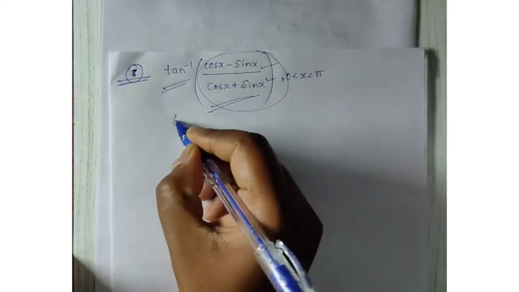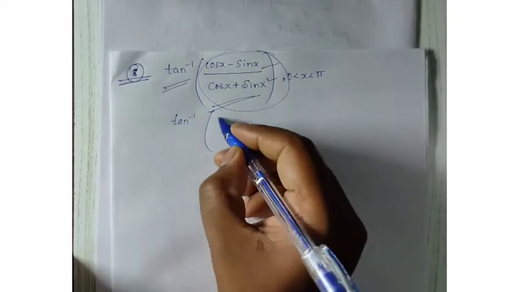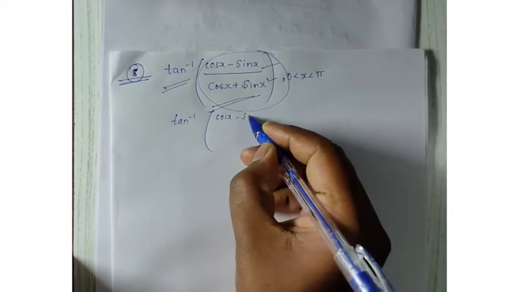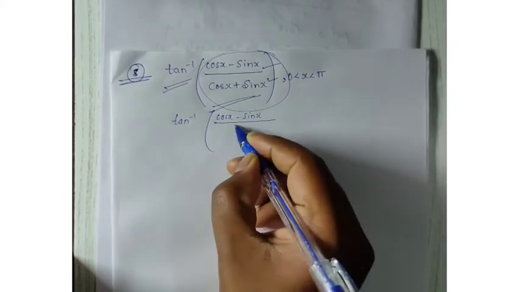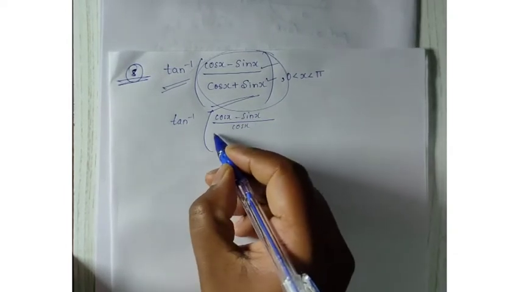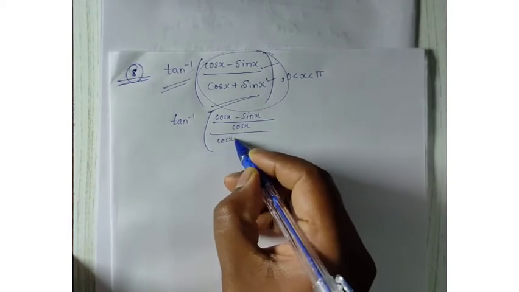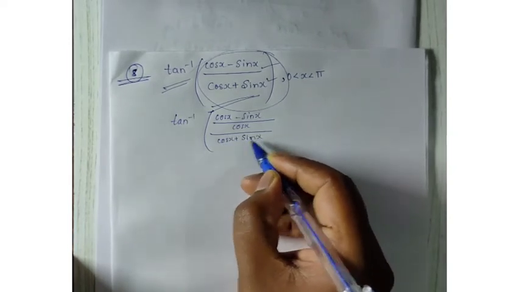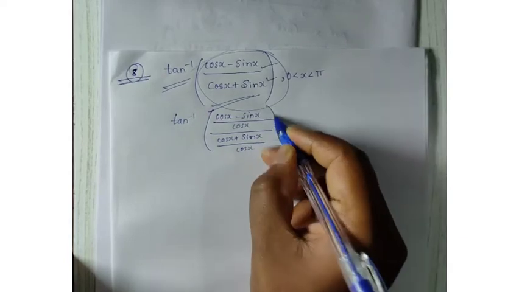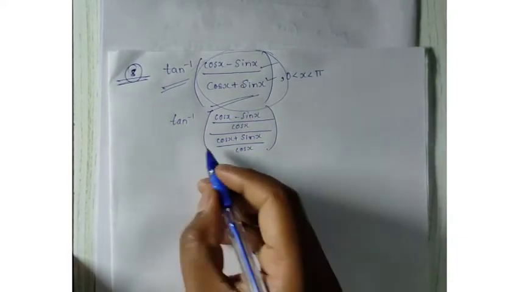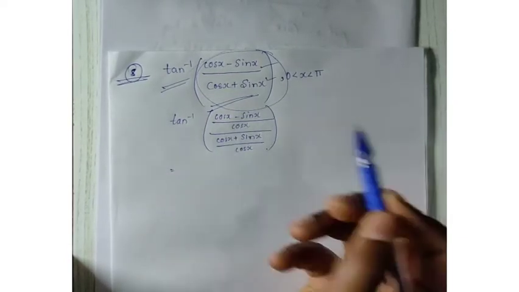Shall do that. That is tan inverse of (cos x minus sin x divided by cos x) divided by (cos x plus sin x divided by cos x). Fine. Okay, now splitting out.